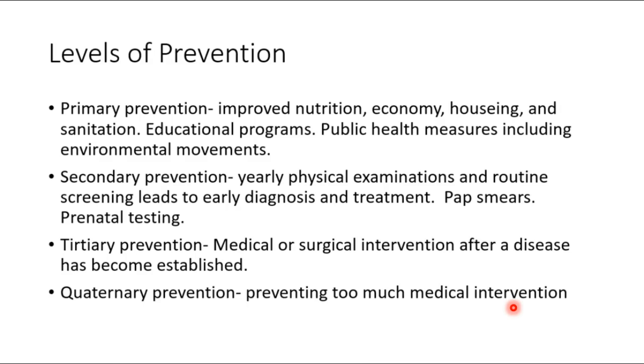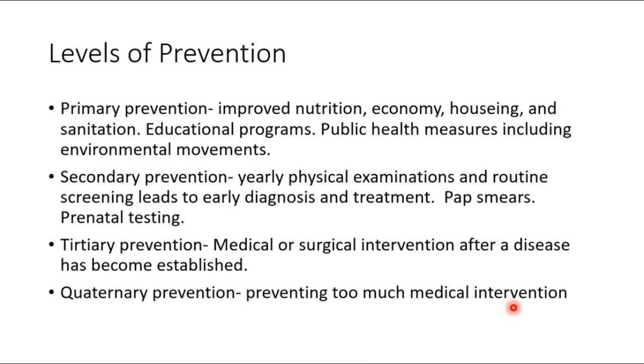And then quaternary prevention, this used to not be on the slides, but I added it. Preventing too much medical intervention. So somebody gets on a pill for condition number 1, that pill causes condition number 2, we give them a pill for that, then we give them a pill for the side effects of that, and then the side effects of that. We want to do the least invasive form of treatment that's going to give them the best quality of life.